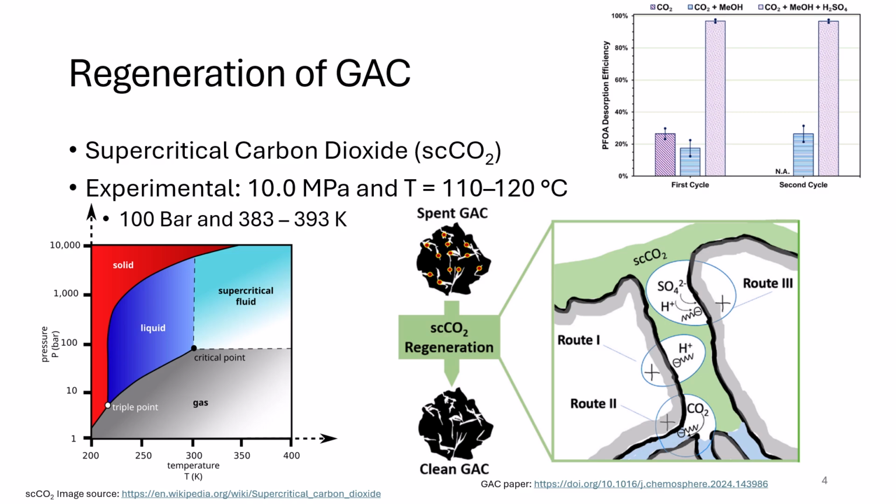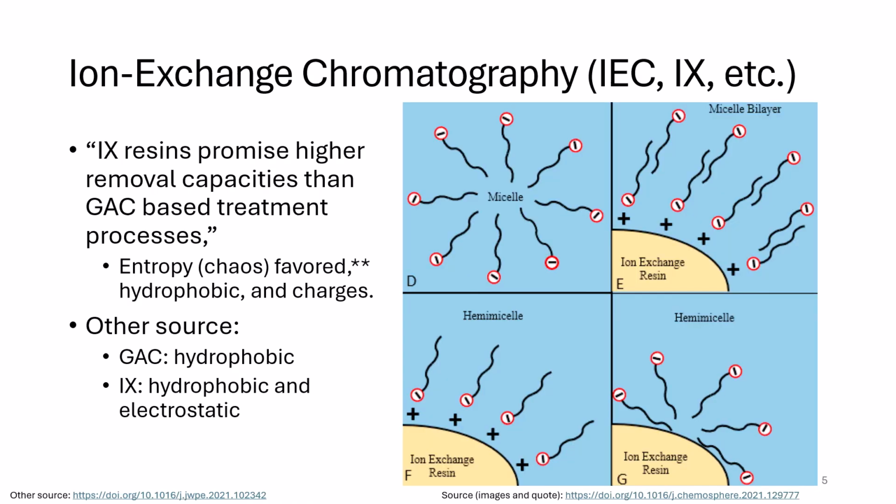But anyways, GAC is also not the only way to remove PFAS from water, there's something called ion exchange chromatography. As a chemist, I always refer to it as ICE. But papers use so many different names for it, and I'm sure there's some small difference. I never really paid attention to it, but I saw things call it IA.